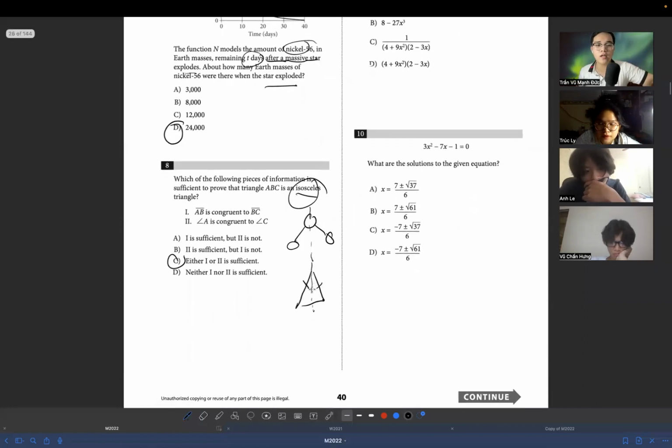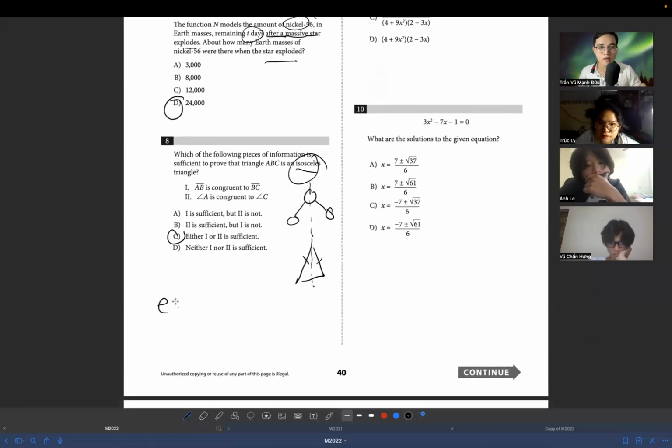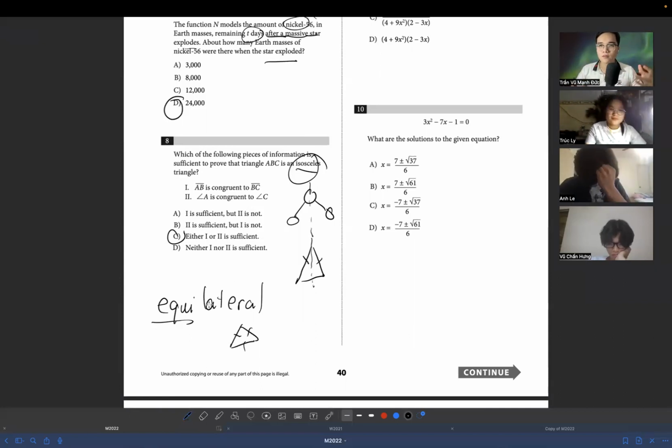And if I say an equilateral, equi means equal, right, in the Greek language. So it is equal on all sides. This is the most important part of an equilateral: every single side is equal. So it is equilateral.